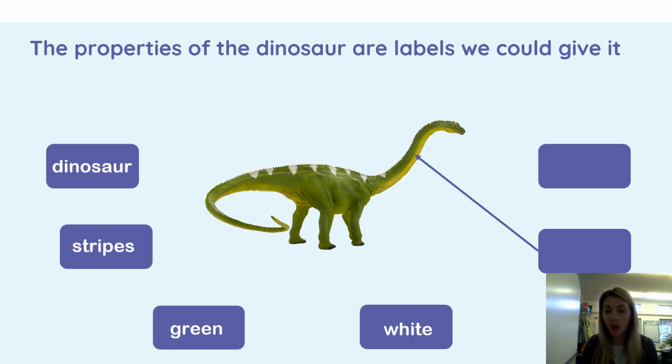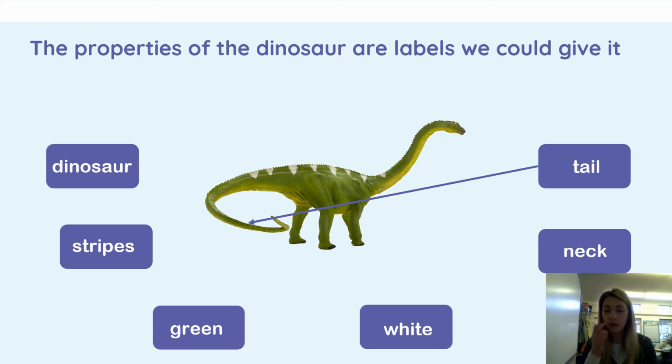It also has white on it, so the label white would work for the property colour as well as the label green. It has a neck and it has a tail. So if you gave the dinosaur all of these labels, it would help the computer find what you're looking for.